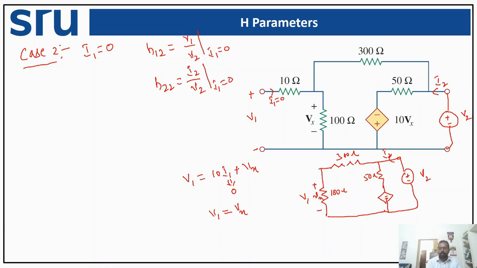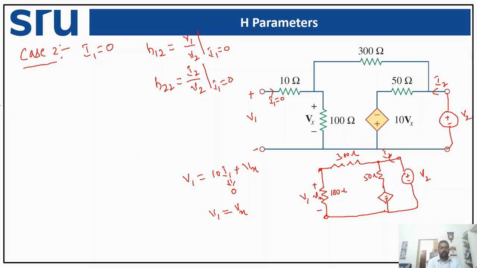So my voltage across this 100 ohm is nothing but Vx, nothing but V1, as we have opened the first port. Now we need to bring the relationship between V1 and V2. If you observe carefully, my V2 is voltage across 300 ohm plus voltage across 100 ohm.